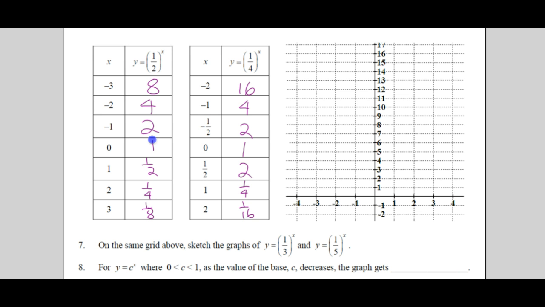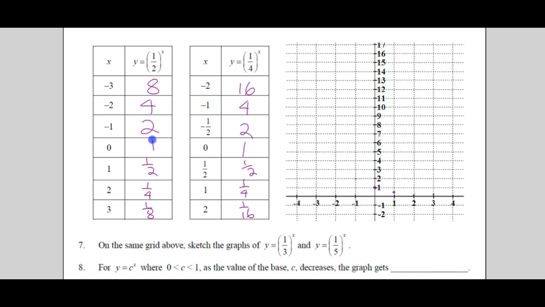Okay, so I'm just going to graph these guys. All right, so there's that point which does not seem to have changed regardless of the changing base. 0, 1 still stays the same. Yes? Oh, it should be 1/2, right? 1/2. Okay. So 1 was 1/2, and then 1/4, and then 1/8.